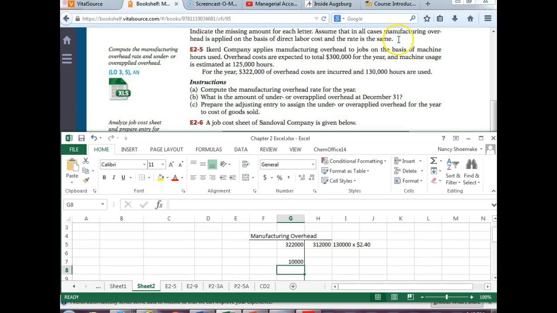So it says to us now, prepare the adjusting entry to assign the under or over applied overhead for the year to cost of goods sold.